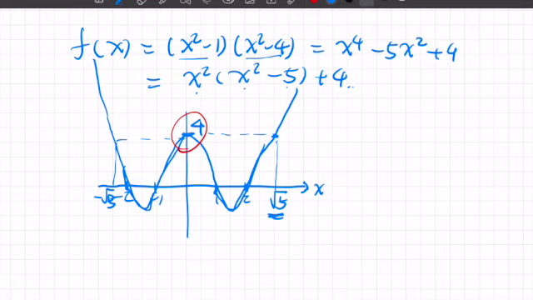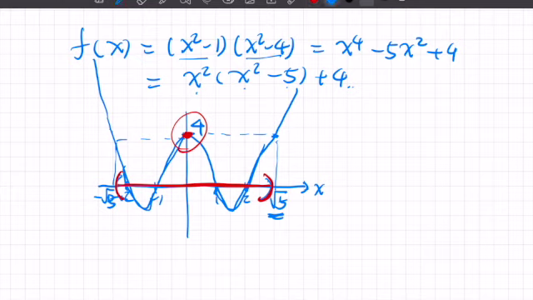So it looks like from this graph that if we take an interval narrower than plus minus square root of 5, then the maximum value within that interval is this point, 4.